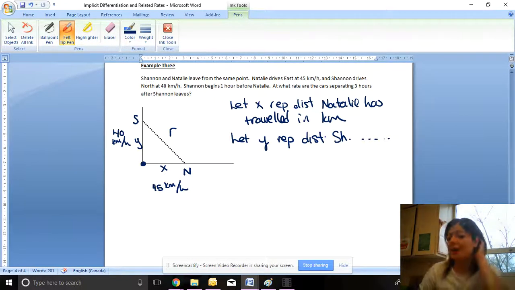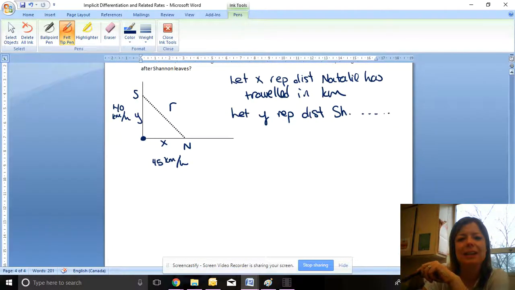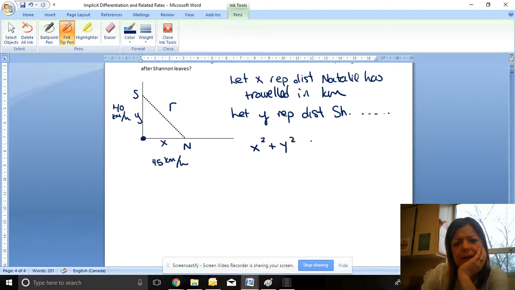Notice that we can already say what x and y are, because Natalie's been going 45 kilometers per hour for 2 hours, and Shannon's been going 40 kilometers an hour for 3 hours. But we'll leave them as variables for right now. You'll see why. From the Pythagorean theorem, x squared plus y squared equals r squared. What we want, remember, is dr/dt.